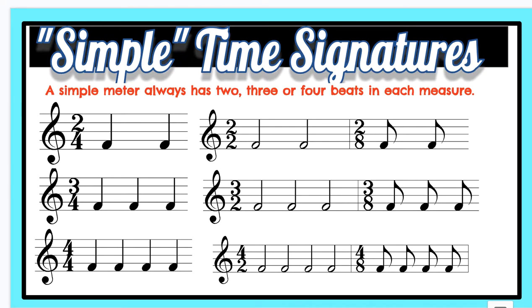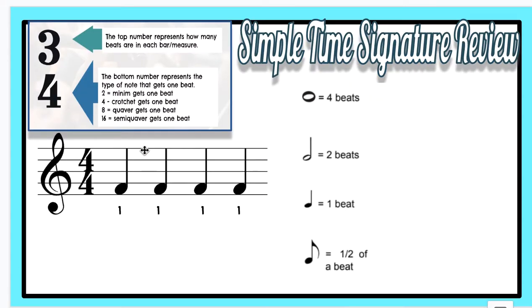So last week we looked at simple time signatures, and the definition is a simple meter or a simple time signature always has 2, 3, or 4 beats in each measure. And you should have had this written in your notebooks. These are 9 different types of simple time signatures. So let's review how we use these to compose.